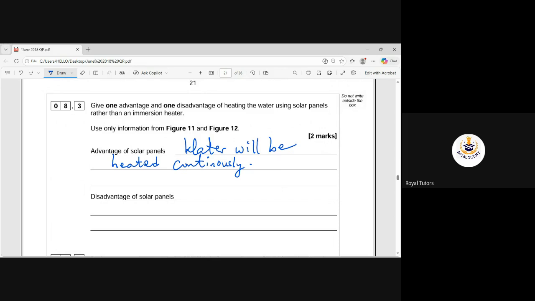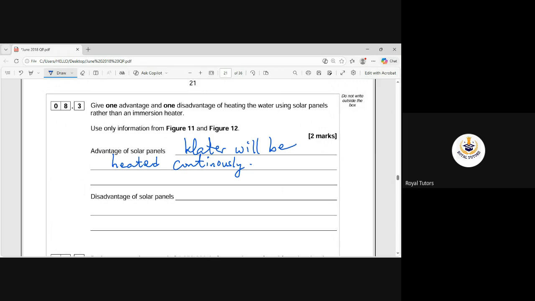And one disadvantage of a solar panel is that the temperature of the water is lower for most of the time than water heated by an immersion heater. The observation there is that because you're using the solar panel to heat the water, the temperature of the water is lower, and sometimes it takes longer to heat the water.